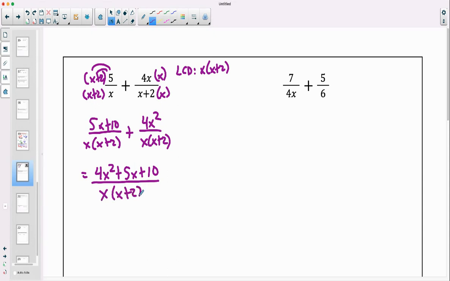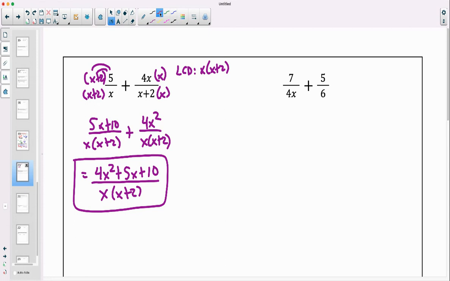So what we would look for there is, can we factor that? But we can't. There's no way to factor this. The top is not factorable, so this would just be our final answer. There's no GCF. There's nothing that multiplies to 10 and adds to 5 while also multiplying to 4x squared out front. So that one is all done.